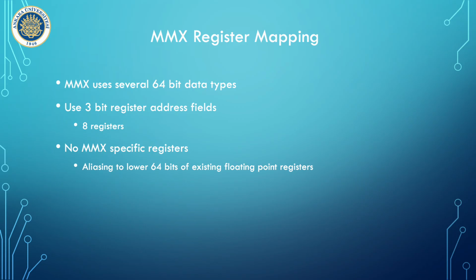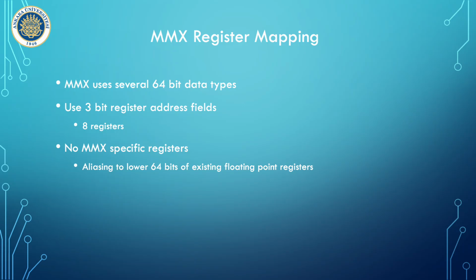MMX technology introduced a set of 64-bit registers designed for integer-based multimedia operations such as image and audio processing. And interestingly, MMX registers are not completely separate. They are aliased onto the existing floating point register set.